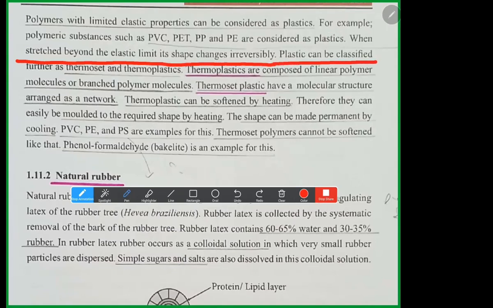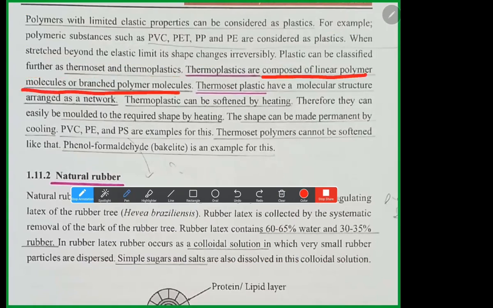Plastic can be classified further: thermoplastic and thermoset. Thermoplastics are composed of linear polymer molecules or branch polymer molecules. Thermoset polymers have the molecular structure arranged as a network.